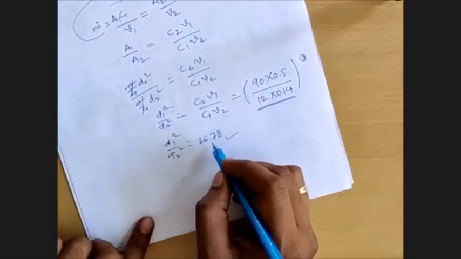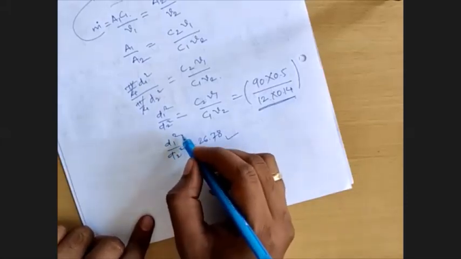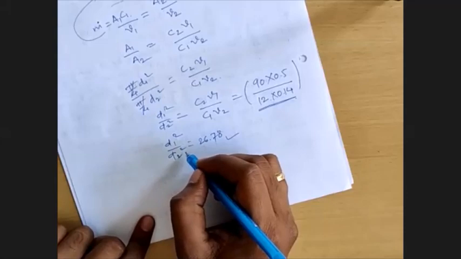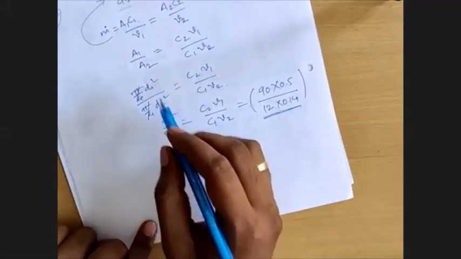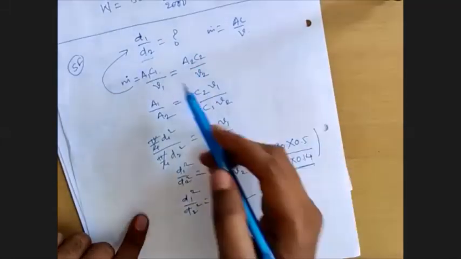This is D1 square by D2 square. But we don't need to take this square, right? We have been asked to find the ratio of D1 by D2.